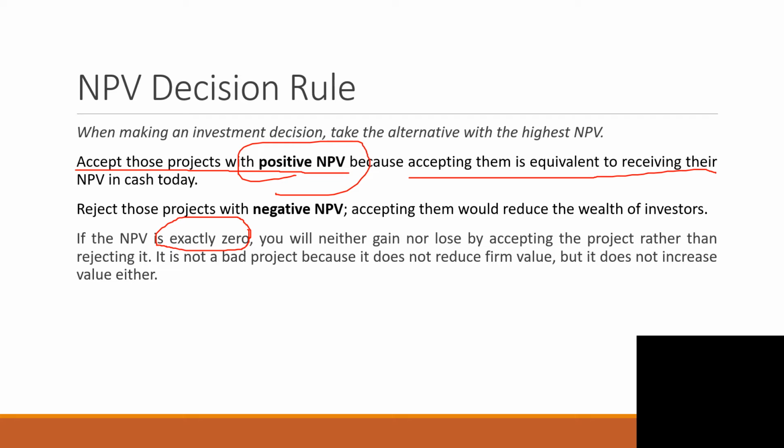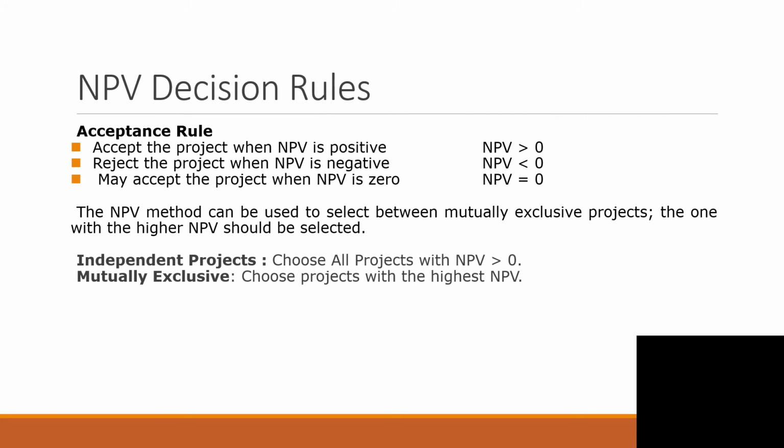So if NPV is exactly equal to 0, you might actually consider accepting the project. So the acceptance rule: if NPV is positive, you must accept. If NPV is less than 0, you must reject. You might accept if NPV is 0.